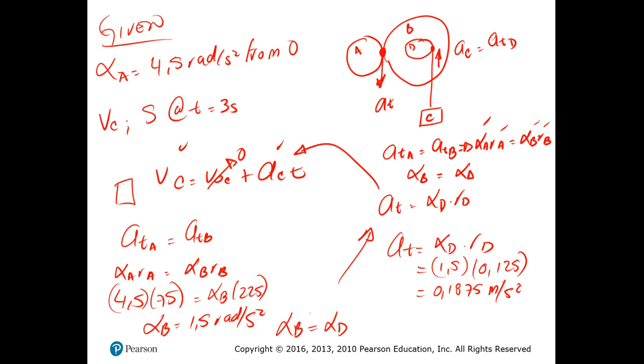Okay, so now that I have the tangential component, I can plug those values into this equation as follows. V_C equals V_0, or initial velocity, plus a_C t.